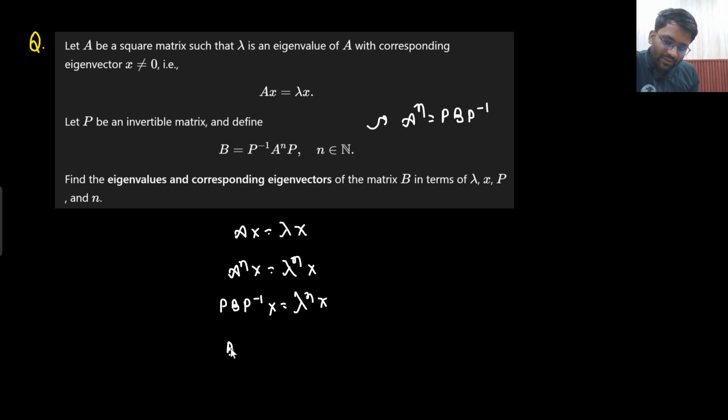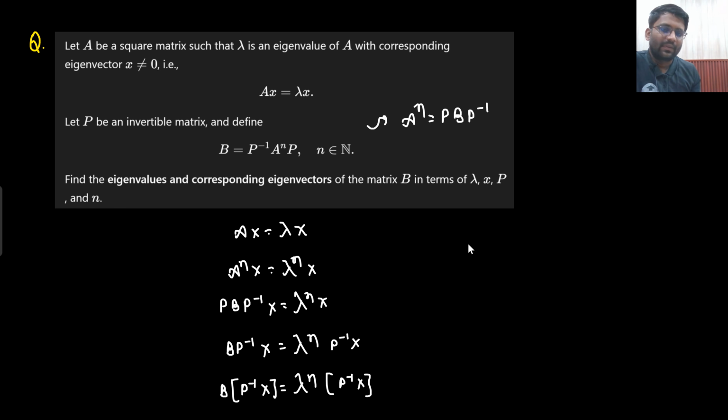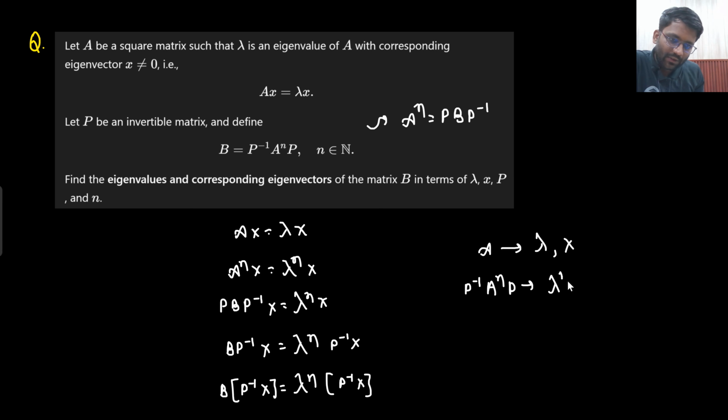Now multiply with P inverse, pre-multiplication of P inverse, what will you get? B multiplied with P inverse x is giving you lambda to the power n P inverse x. Okay, so matrix A has an eigenvalue of lambda and eigenvector of x. Then the matrix B, which is defined as P inverse A to the power n P, has eigenvalue lambda to the power n and eigenvector of P inverse x.